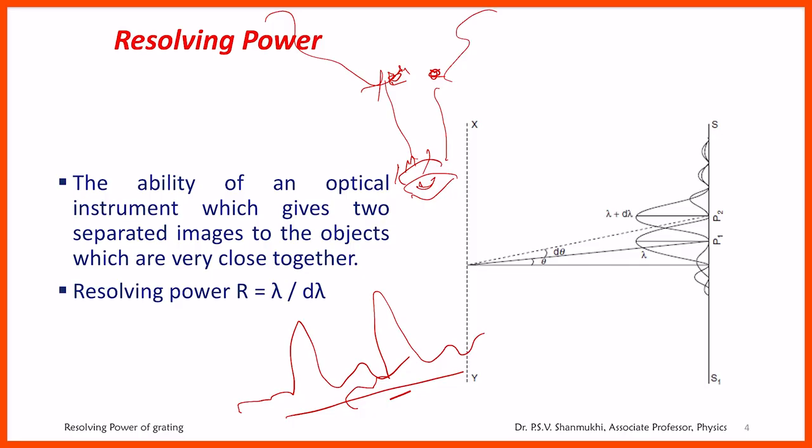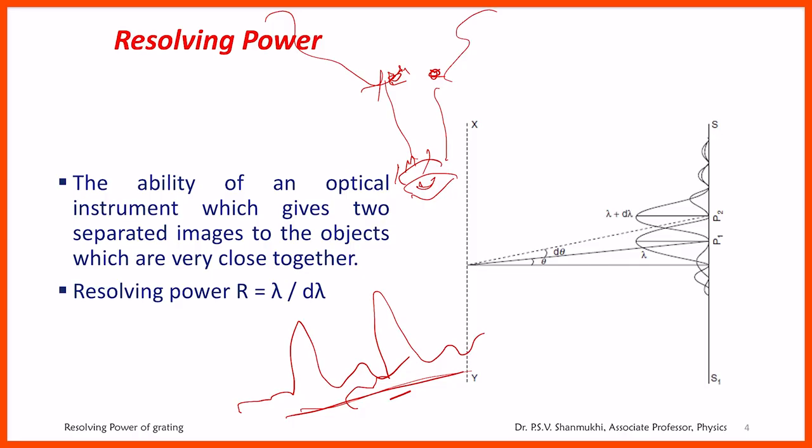In such a case, we take external aids like specs. If these two diffraction patterns are separated, since the eye is also an optical instrument, we can observe the two objects as separate. Otherwise we can't. All optical instruments have resolving powers.